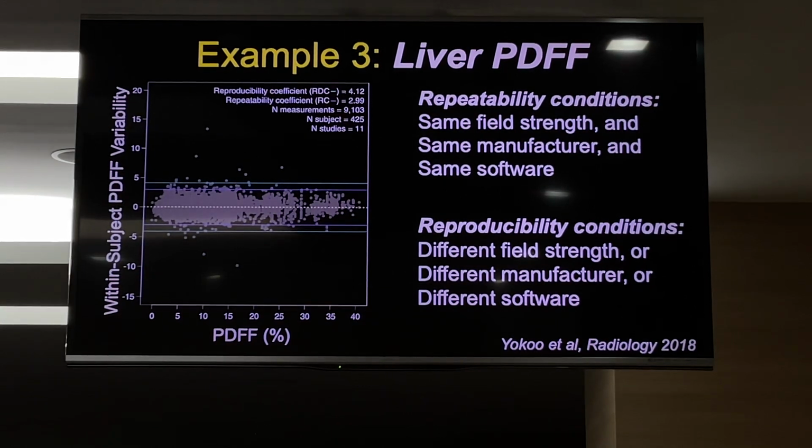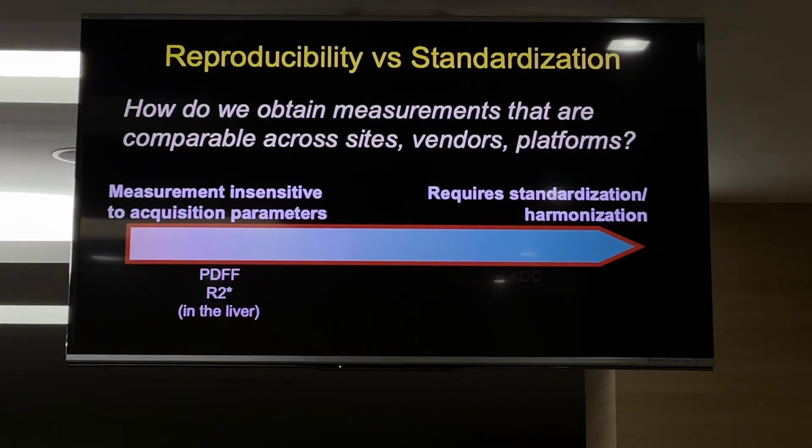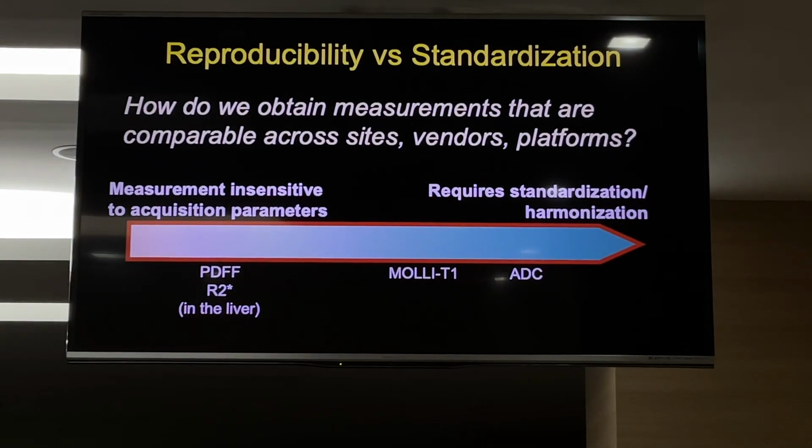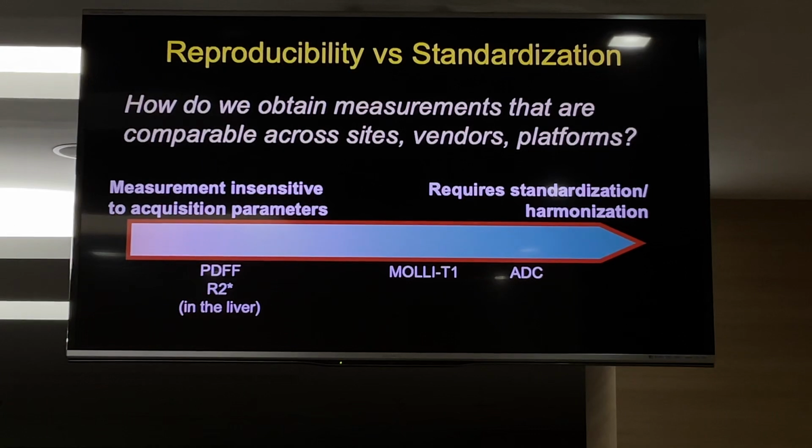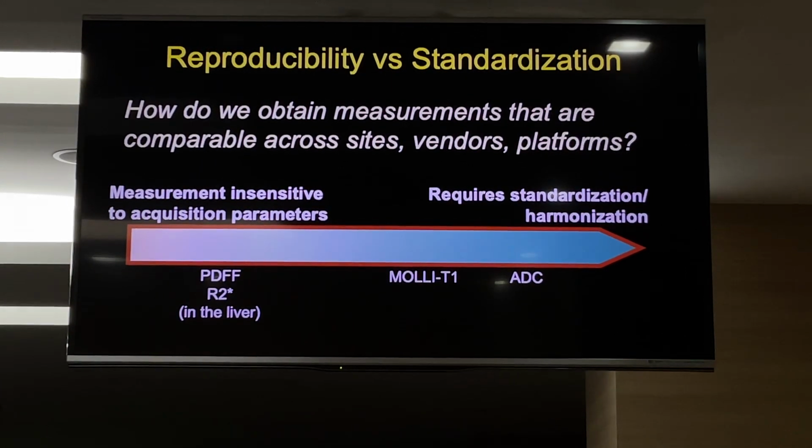So these encouraging results led me to come up with this very, very ad hoc, subjective plot of where these techniques lie in the context of measurements being relatively insensitive to acquisition parameters. So PDFF and R2 star, you can change your echo times, you can change your spatial resolution within some range, and you're going to get very comparable measurements.